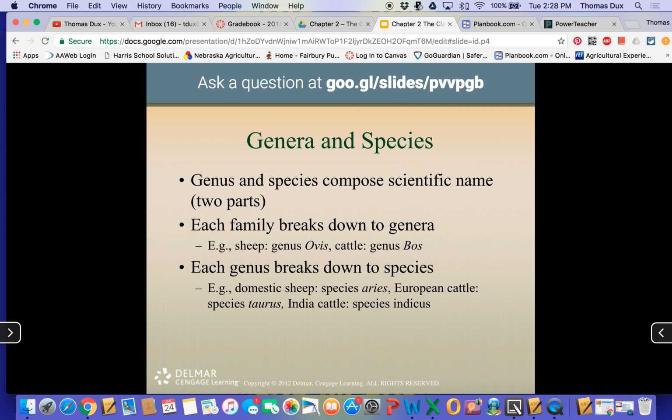So now we just list similarities. Go ahead and list what the similarities are between the cow and the pig, and then what the similarities are between a bee and a chicken.